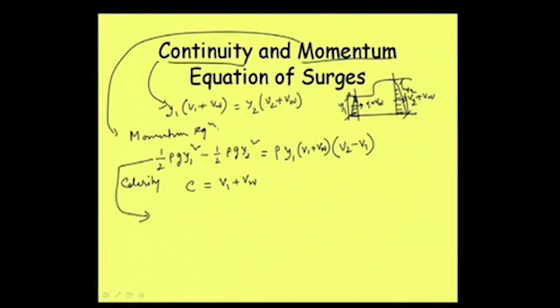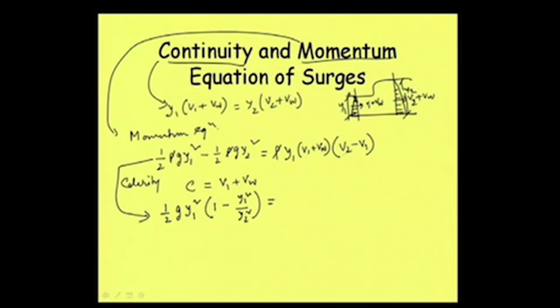Starting from this momentum equation, we can write this as, rho we can cancel in each part, then let me take half of g y1 square common, so it becomes 1 minus y2 square by y1 square. And on this side we can take y1, and then v2 minus v1 is there.